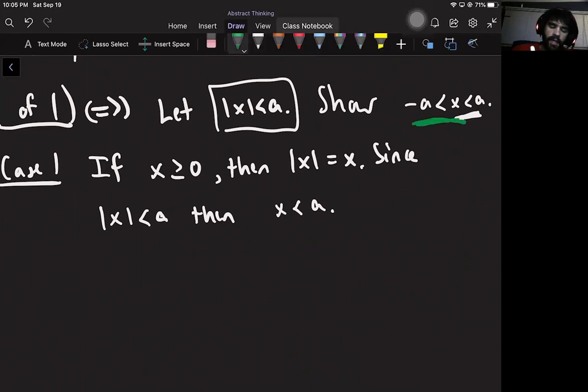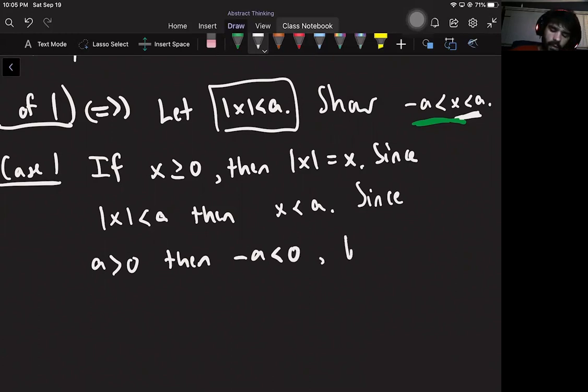I need a negative A involved somehow. So let's just think about negative A. Since A is positive, because it's assumed at the very beginning that it's a positive real number, then negative A must be negative. So it's less than 0.